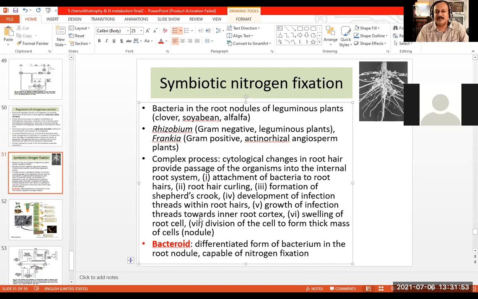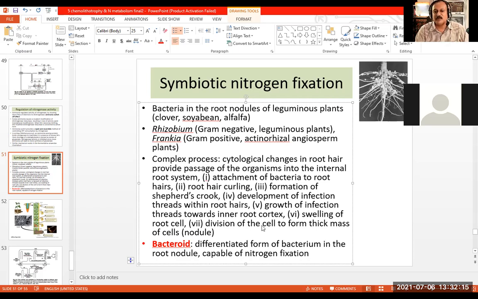Then they go towards the center, towards the cortical cells. They invade the cortical cells, and that causes the division of the cells, resulting in a swelling and the formation of a thick mass of cells, which is called the nodule.